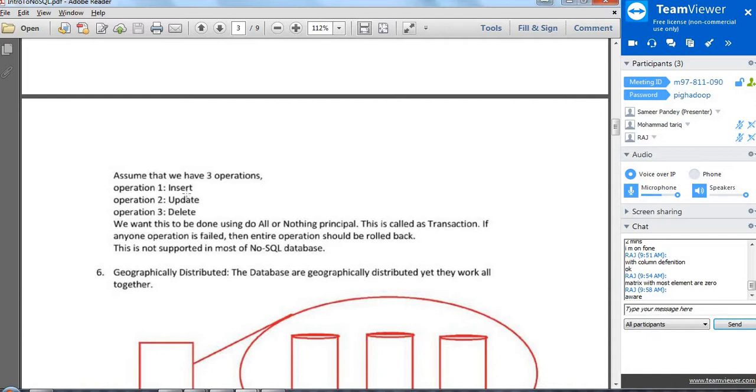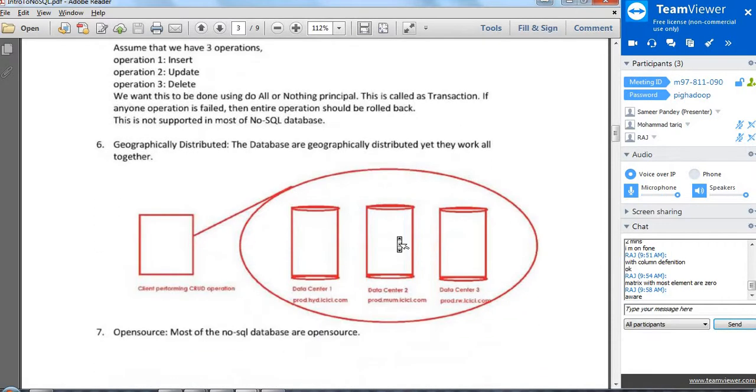It cannot be that it's intermediate, that it performed half, and that is not the atomicity that we know. Atomic means we cannot divide it further. So the transaction should be atomic, which means it should either be complete or fail.